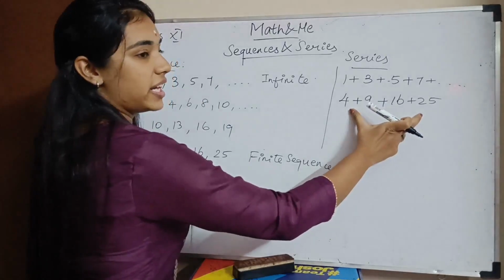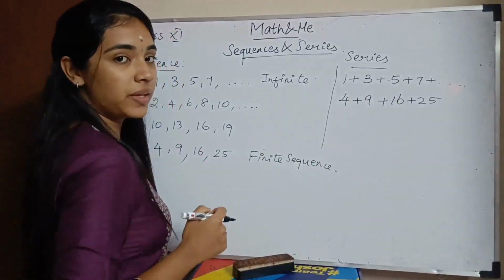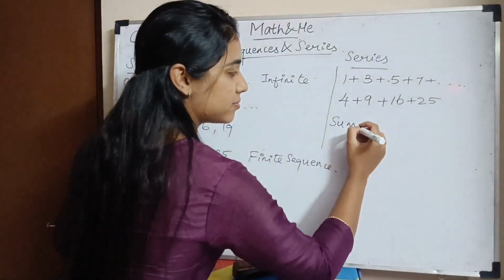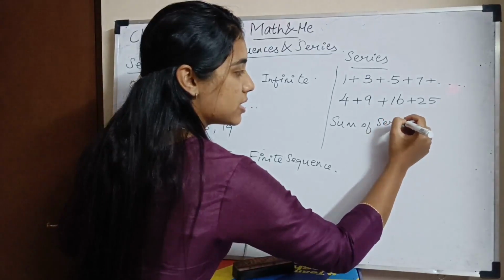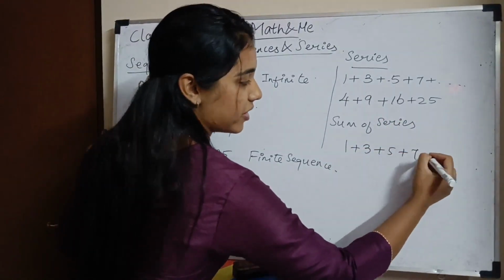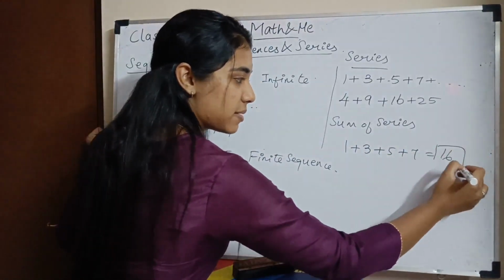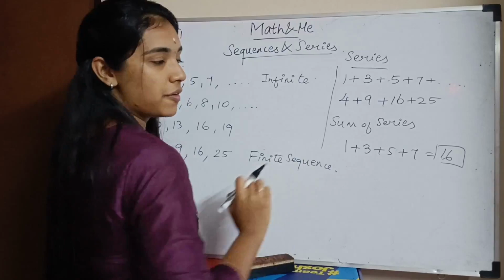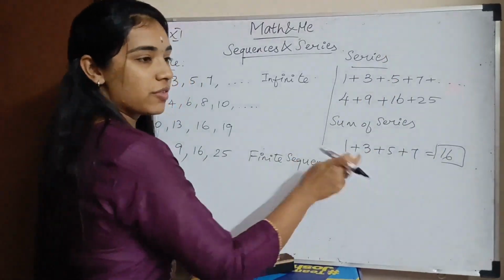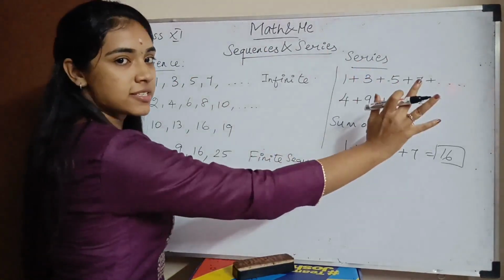Then what is the sum of series? For example, when you have 1 plus 3 plus 5 plus 7, then the answer is 16. When you add them up and get some sum, you call it the sum of series. In a plain series, you don't have to add the numbers. In the sum of series, you have to add the numbers. Okay? So this is the sequence and this is the series.